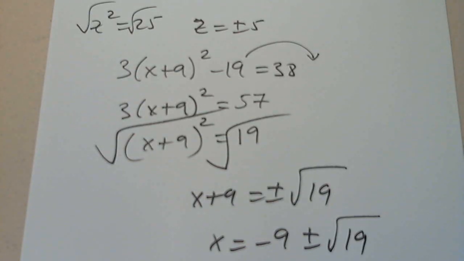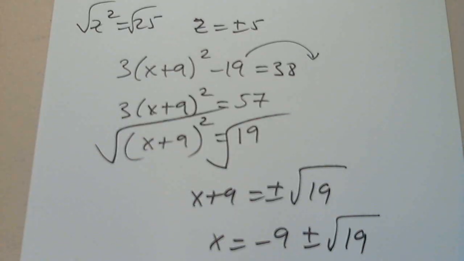The answer is it's ready for taking square roots. So negative 9 plus the square root of 19. And then outside, comma, negative 9 minus the square root of 19. And move on.